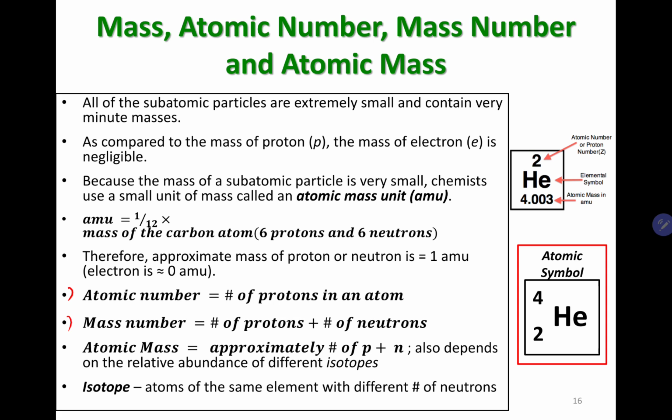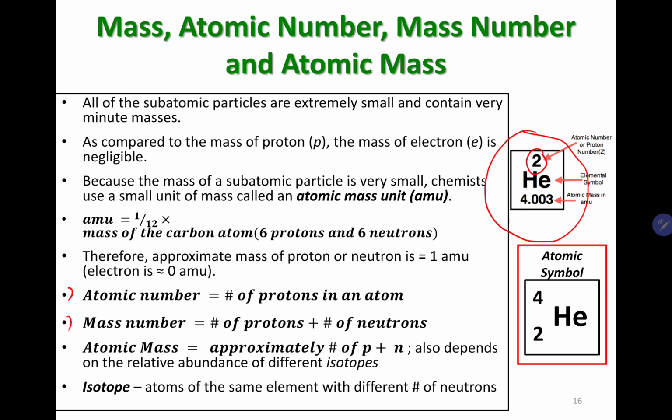If you take a look at the periodic table, every element is going to have an index number. Hydrogen is going to be 1 and then helium is going to be 2, like that. So every element has an index number, and this index number is actually the atomic number.